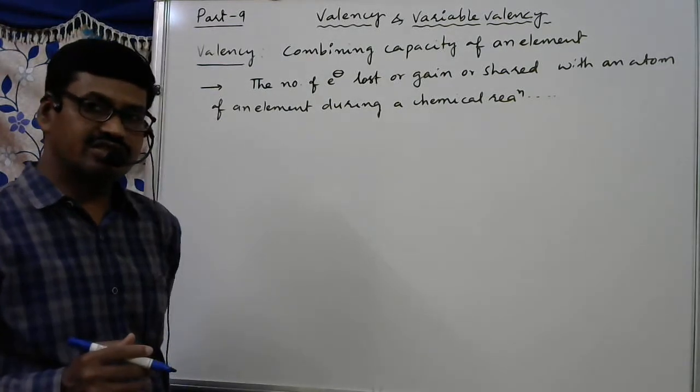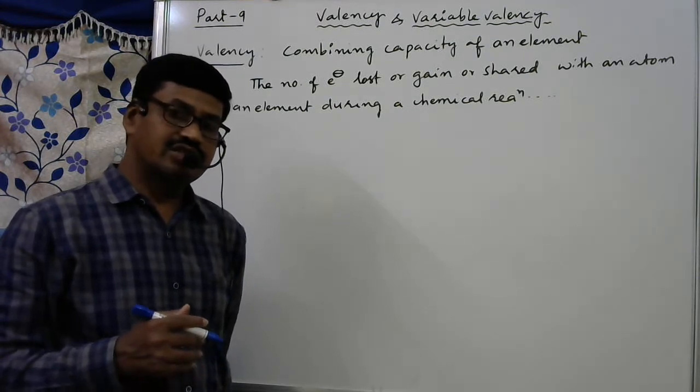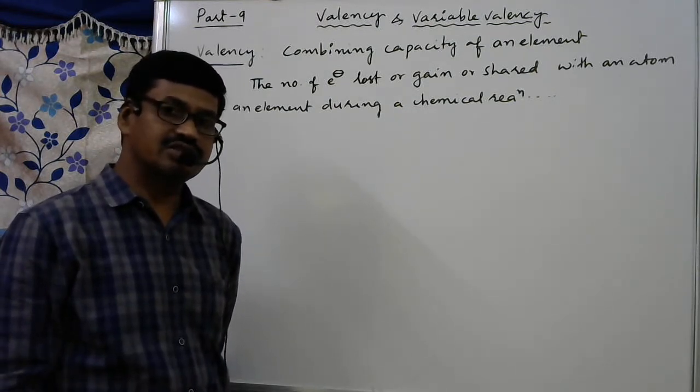In the previous class, we discussed sodium valency. For sodium to get a stable electron configuration, how many electrons must it lose?